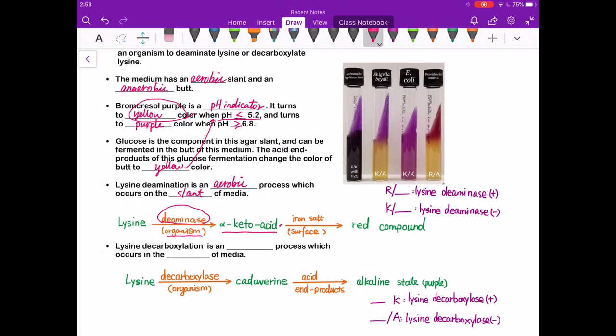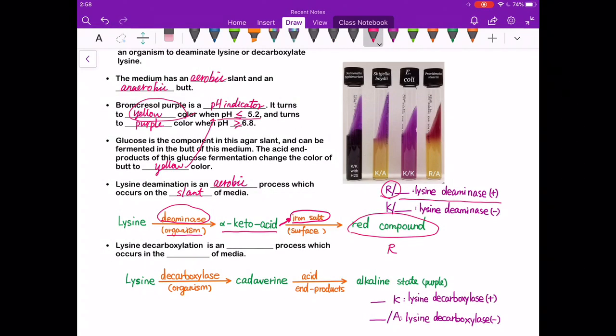Alpha-keto acid can react with the iron salt, which is a component of this agar slant, on the surface of the medium. Then a red compound will be formed. We use capital letter R to represent the formation of the red compound, which indicates there is an organism that can produce the lysine deaminase. So R means lysine deaminase positive.